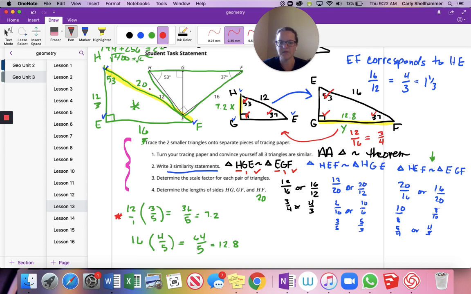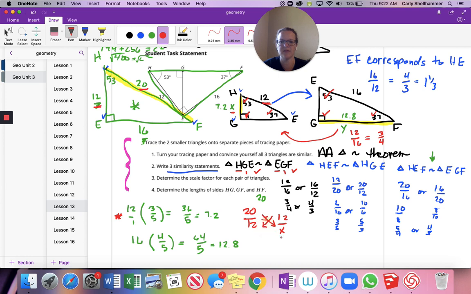So when I'm solving for x, I used 20 and 12 and 12, and I don't know. So I can set up that ratio as just 20/12, which is this one. 20/12 is the same as 12 over I don't know. And I can cross multiply.